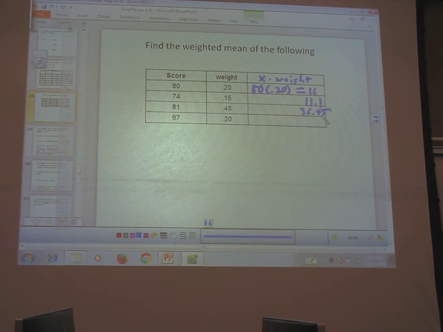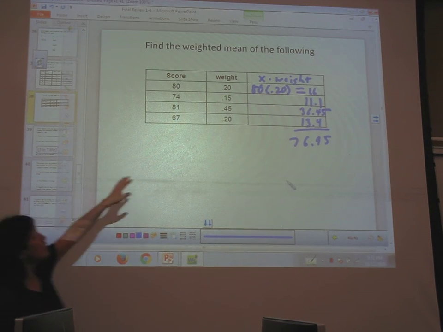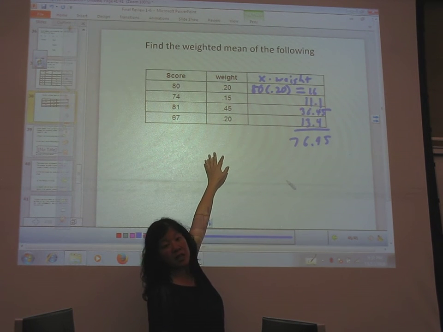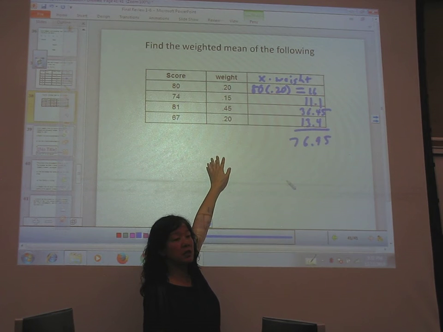I need to divide it. I got 76.95. Yep. And divide by the sum of the weights, which for classes are the percentage of the class. So that's always going to be 1, because these are percents.